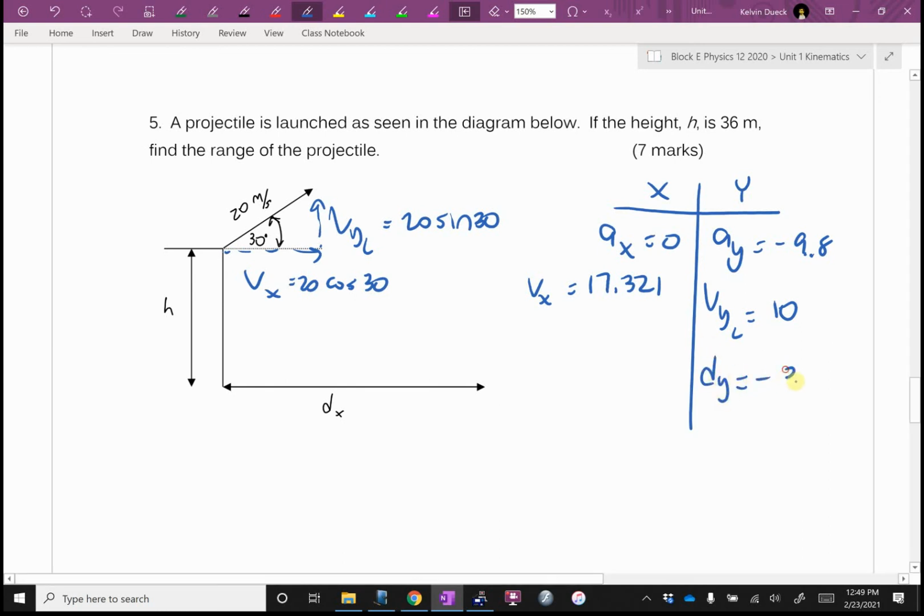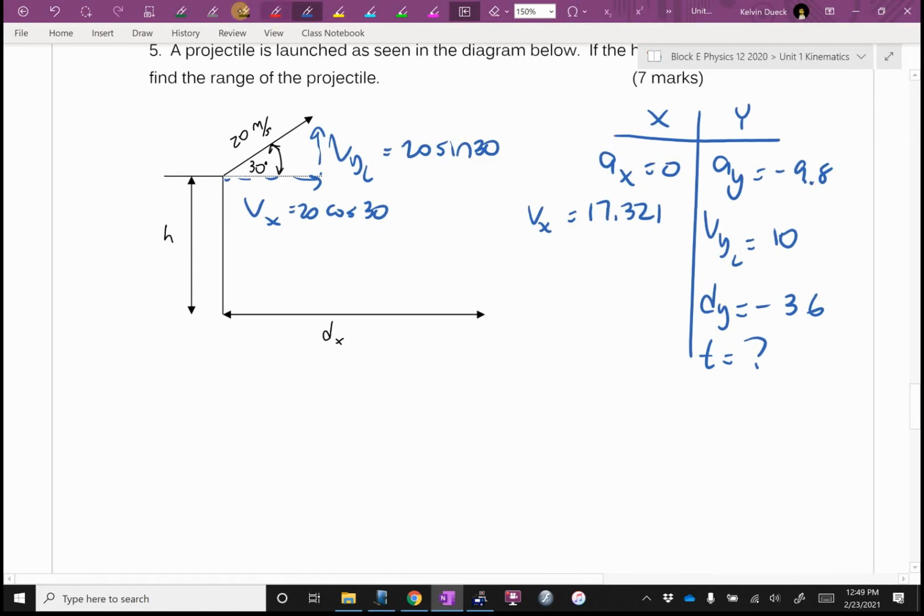dy is negative 36. I know it says find the range, but I'm going to spend most of my time finding time. It's going to end up being the quadratic formula. dy equals vy initial t plus a half ay t squared.